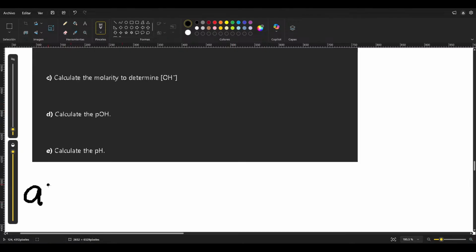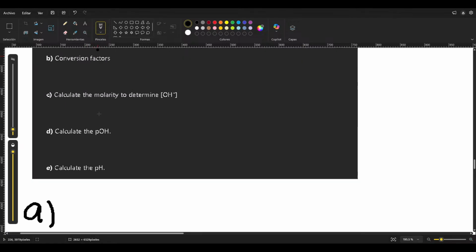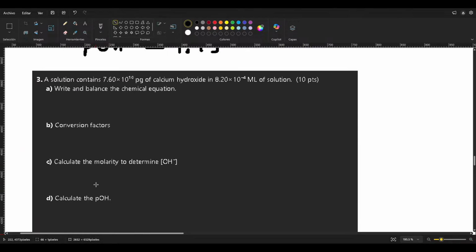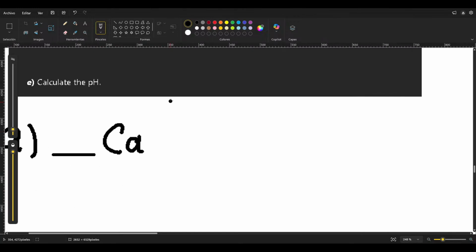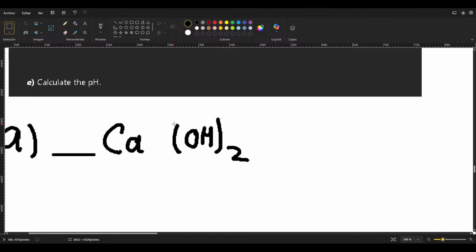And balance the chemical equation. We know the drill. Calcium hydroxide: calcium has a charge of positive 2 and hydroxide is negative 1, so the 2 comes in here and that's it.